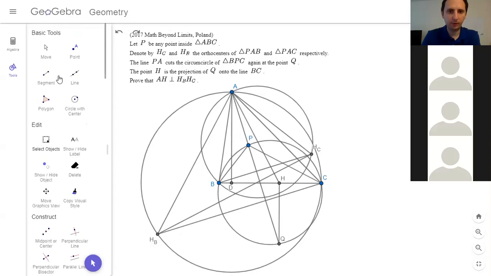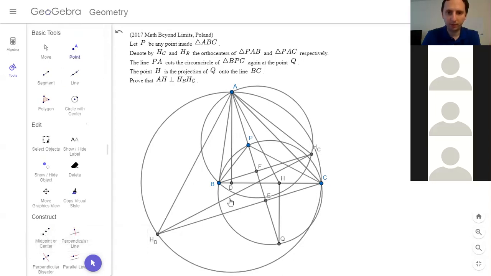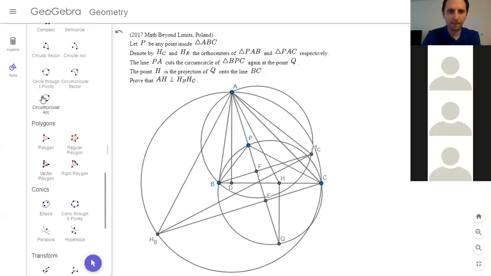So yeah, we have a bunch of cyclic quadrilaterals here. I don't know if it's worth drawing them, but QEHC is cyclic. And QH, do we have like a Simpson line?